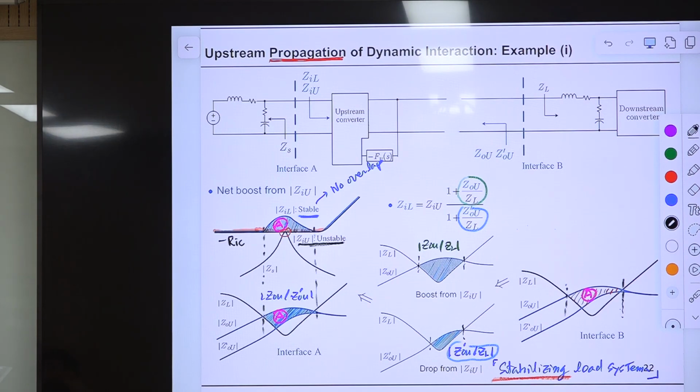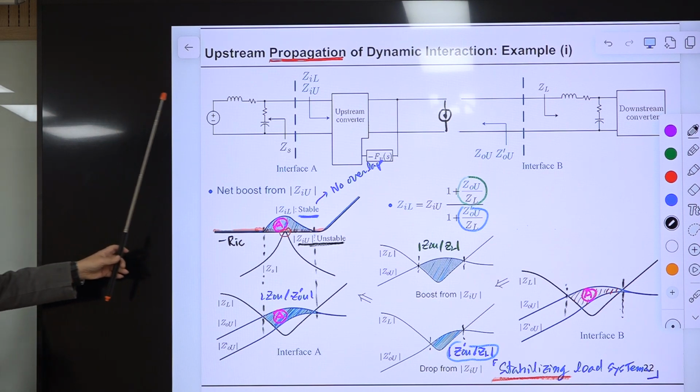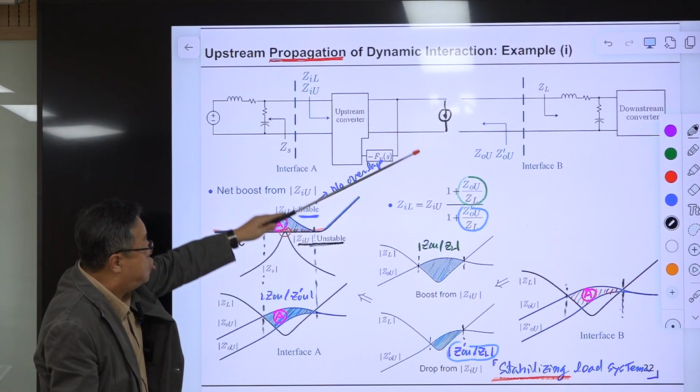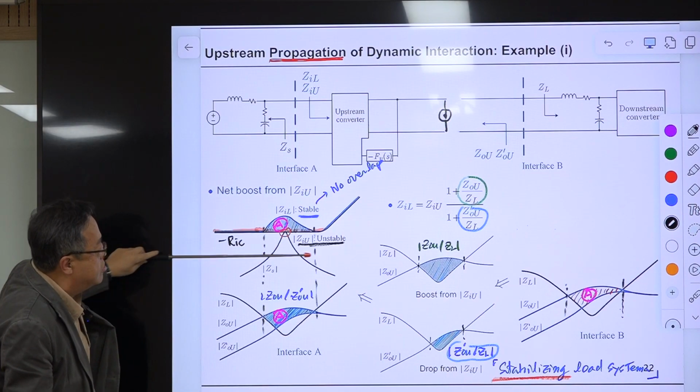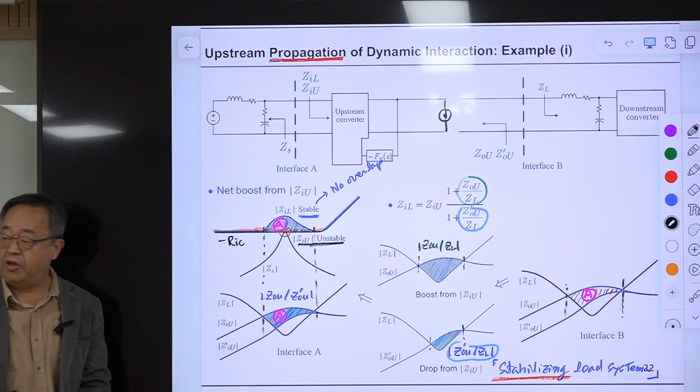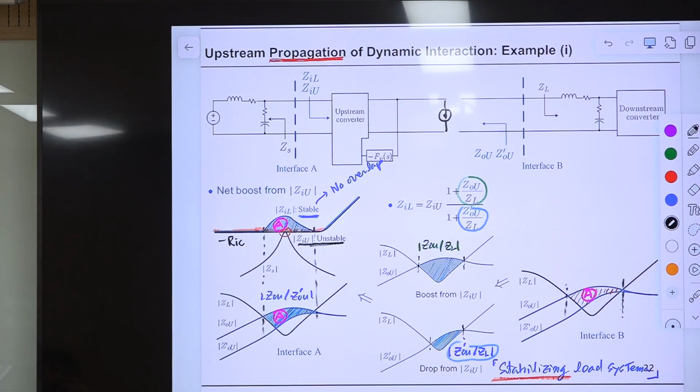For the operation of the system, we need to have the current sink. So this is a current sink. This is an uncoupled converter, even though there is some source impedance. So we use the notation GIU, and U stands for uncoupled converter.